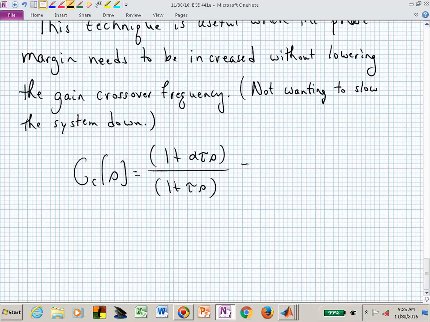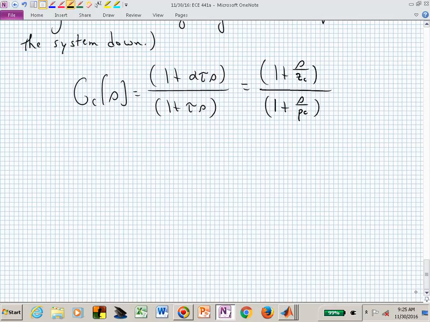Or you might want to write this as 1 plus s over z sub c, and 1 plus s over p sub c, where z sub c is the zero of your controller, and p sub c is the pole location of your controller.